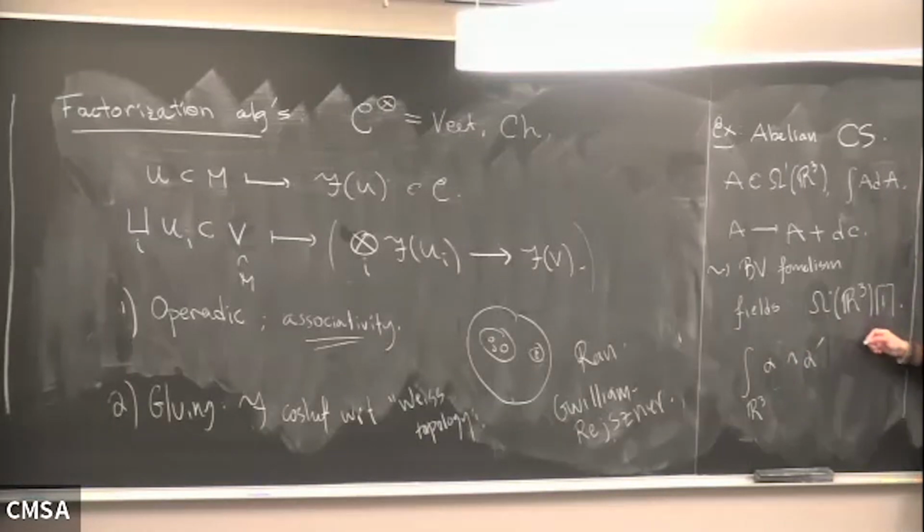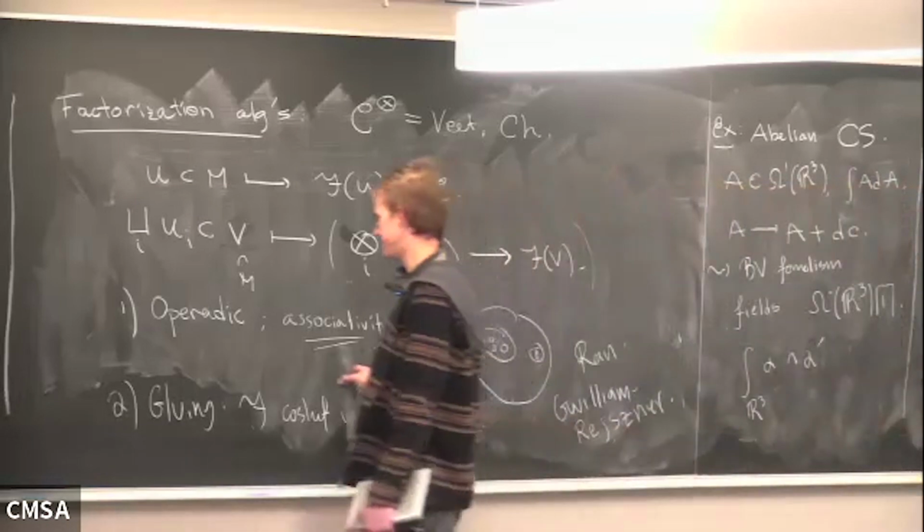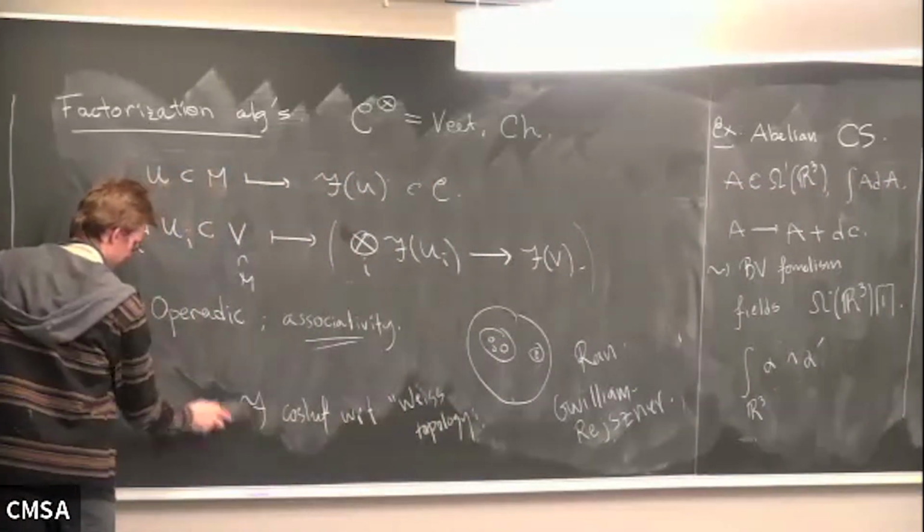This is really a sheaf of cochain complexes, of course. The odd symplectic pairing is wedging and integrating. This does not make sense unless I assume α satisfies some boundary condition. The one I'll choose here is to demand that α have compact support. What's really important, though, is that this pairing is happening at the level of vector bundles. That's really the key thing. There's a non-degenerate shifted pairing at the level of vector bundles.